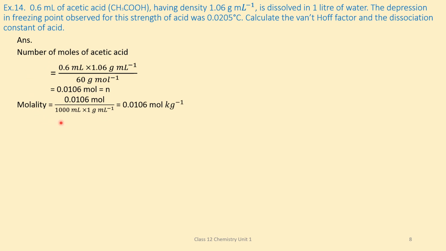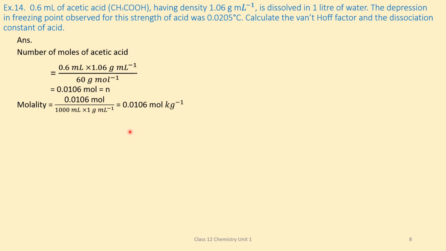Therefore, molality equals number of moles divided by 1 kg, that is equal to 0.0106 mole divided by 1000 ml into 1 gram per milliliter. That is equal to 0.0106 mole per kg.